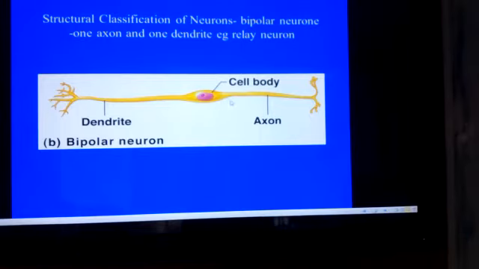And this is very typical for a relay neuron. This is our cell body, and therefore from either side of the cell body arise two projections, one modified into a dendrite and the other one being an axon.